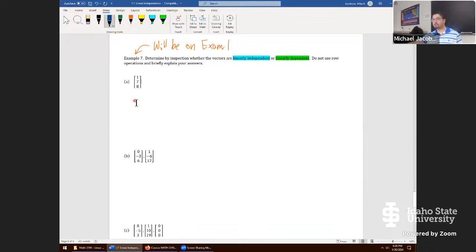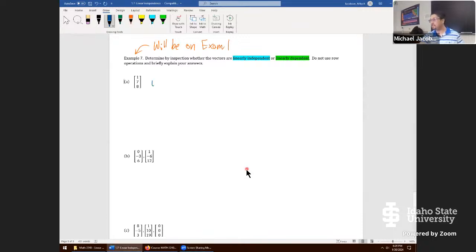How about starting for folks in Zoom? In Zoom, would you call this independent or dependent as a set of vectors? Folks are saying definitely independent. Good call, folks.